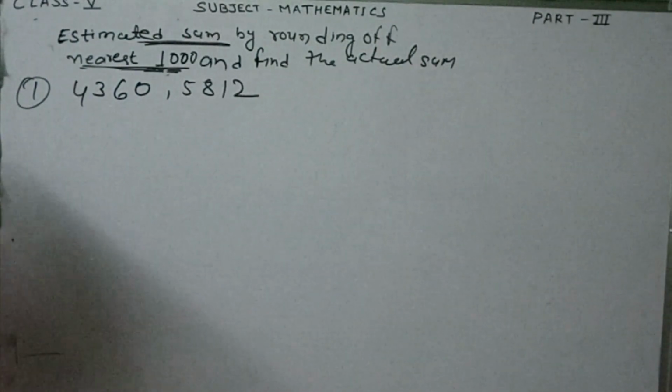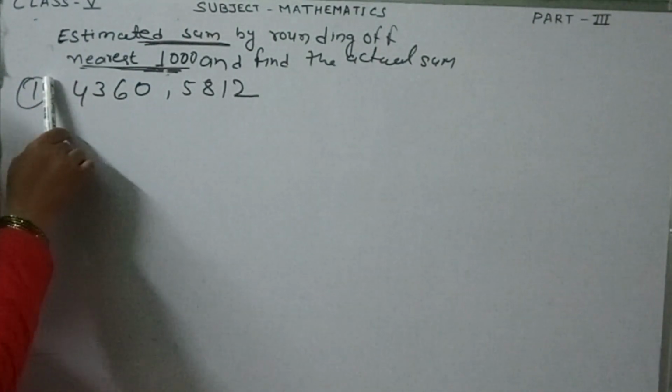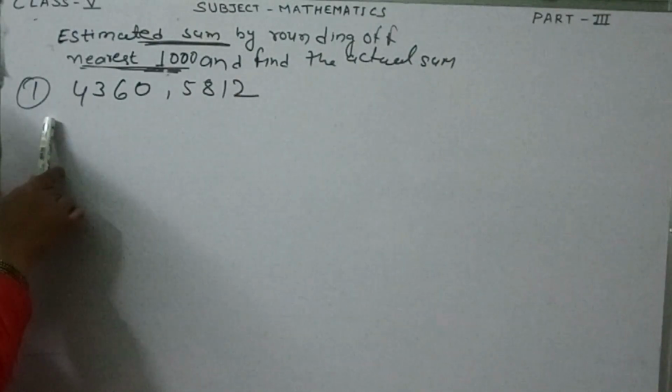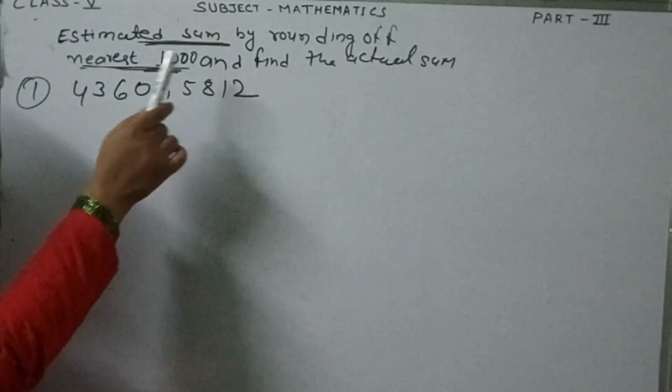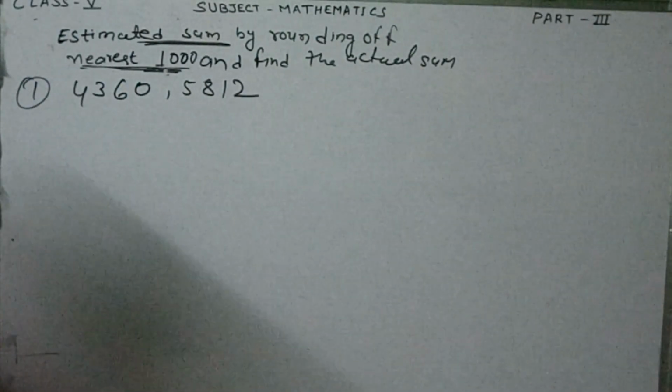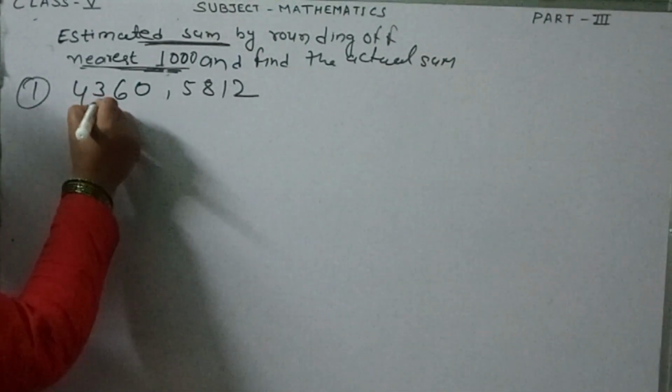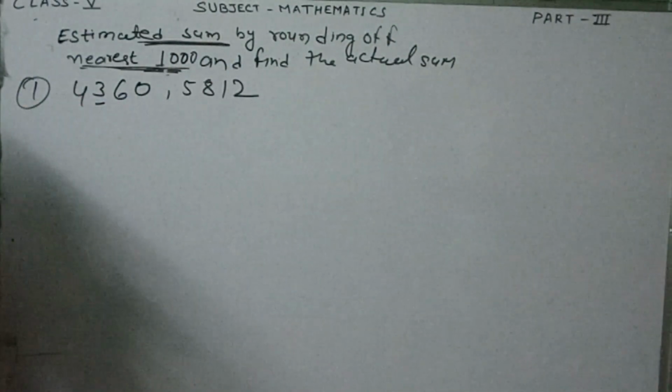Students, here we have to find the estimated sum and also the actual sum. For the nearest 1000, we have to compare the hundreds place digit with 5.